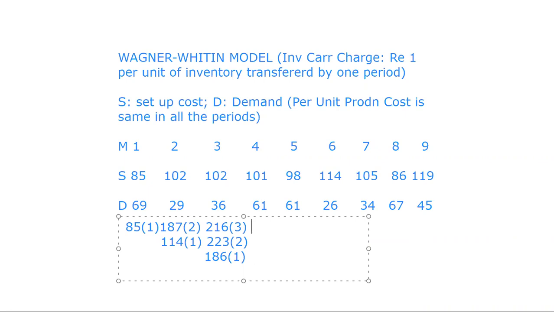So my total cost is 186 plus 101, which makes it 287, and I produce in period number 4. Is that right? Yes, sir. That's right.